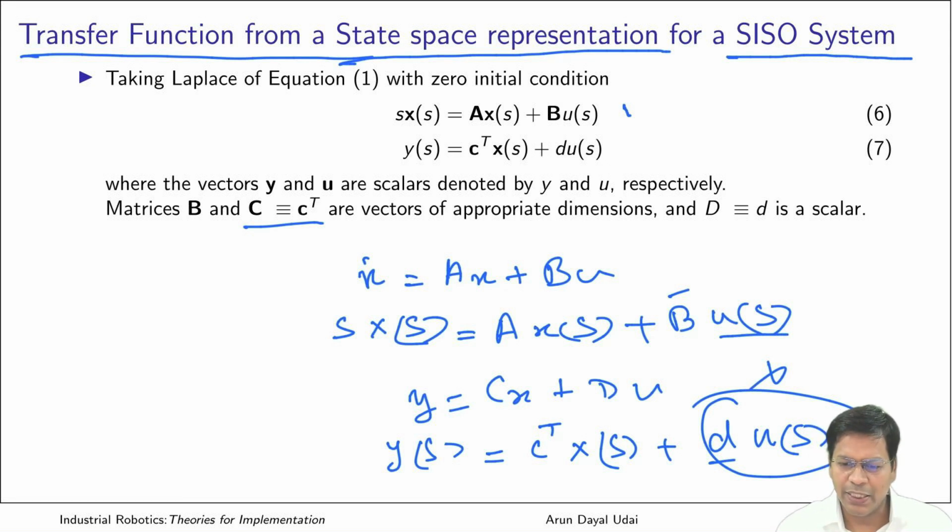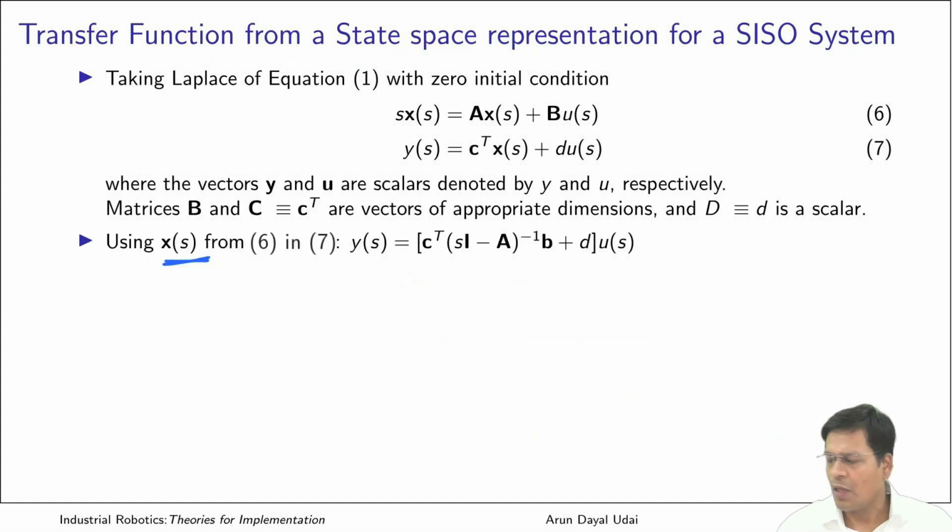So just by taking the Laplace, these two equations are put. Now you just take out X(s) from this equation, that is equation number 6, and substitute it in this one. What do you get? You get Y(s) is equal to C transpose (sI minus A) whole inverse B plus D U(s), where I is a compatible unit matrix.